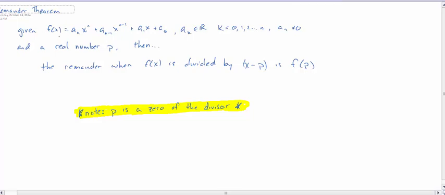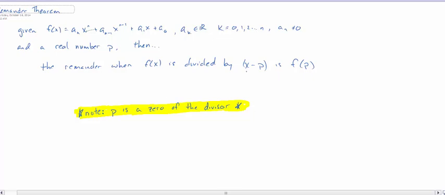And that's what the remainder theorem says. Given f of x is this polynomial and a real number p, then the remainder when f of x is divided by x minus p will be f of p. Cool. We see that in the previous example. And to note, p is the value that makes the divisor 0.